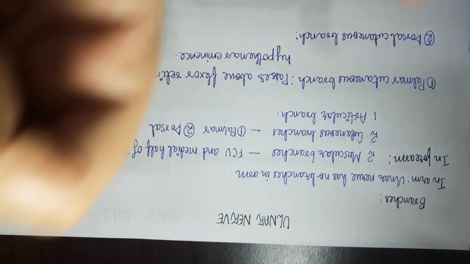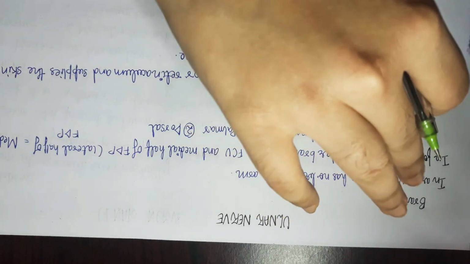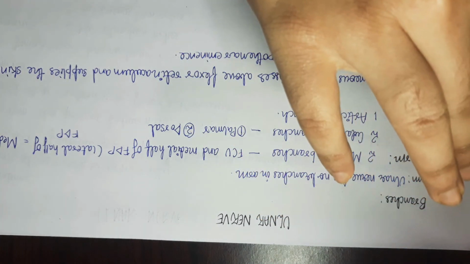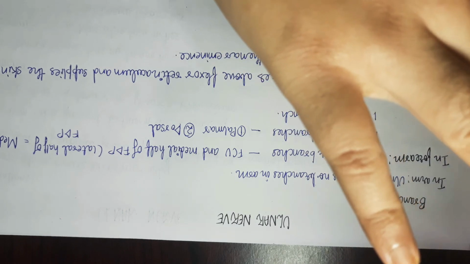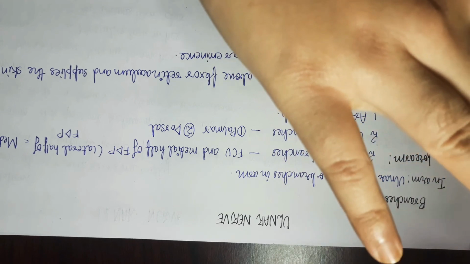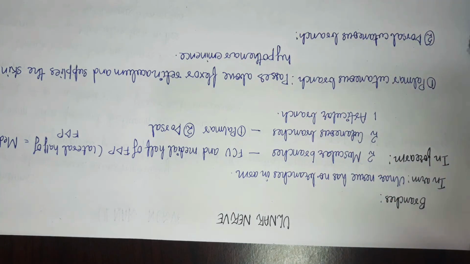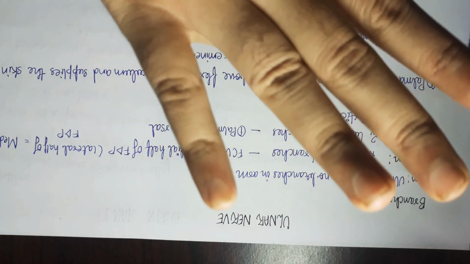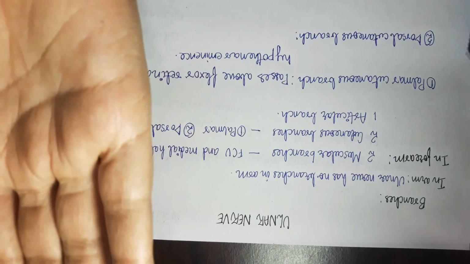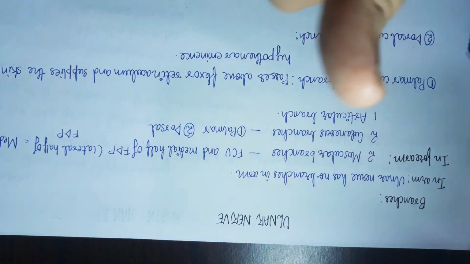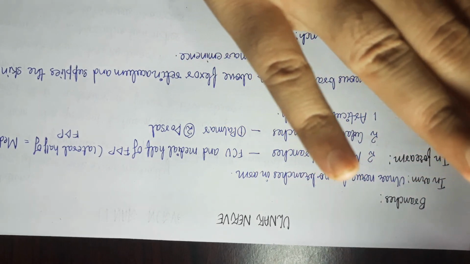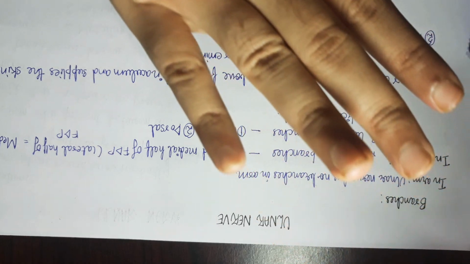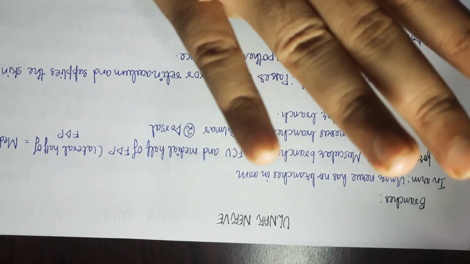It supplies the medial half of the skin of the dorsum of the hand, and this dorsal cutaneous branch extends into the proximal part of two and a half fingers.